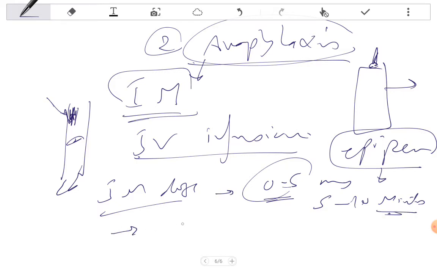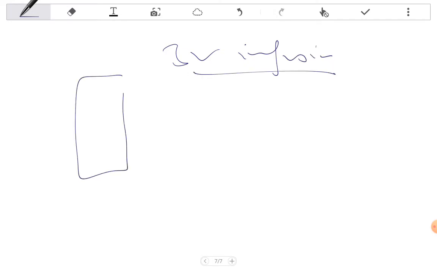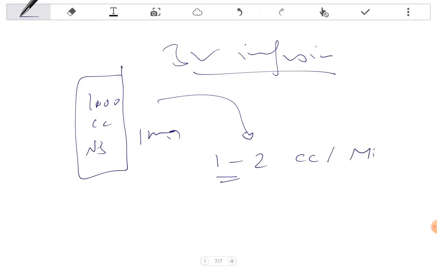In pediatric doses, before 6 years, we give 150 micrograms IM. And from 6 to 12 years, we give 300 micrograms IM. If you are going to give adrenaline by IV infusion in anaphylaxis, you can put 1 milligram of adrenaline in 1000 cc normal saline and start at a rate of 1 to 2 cc per minute.